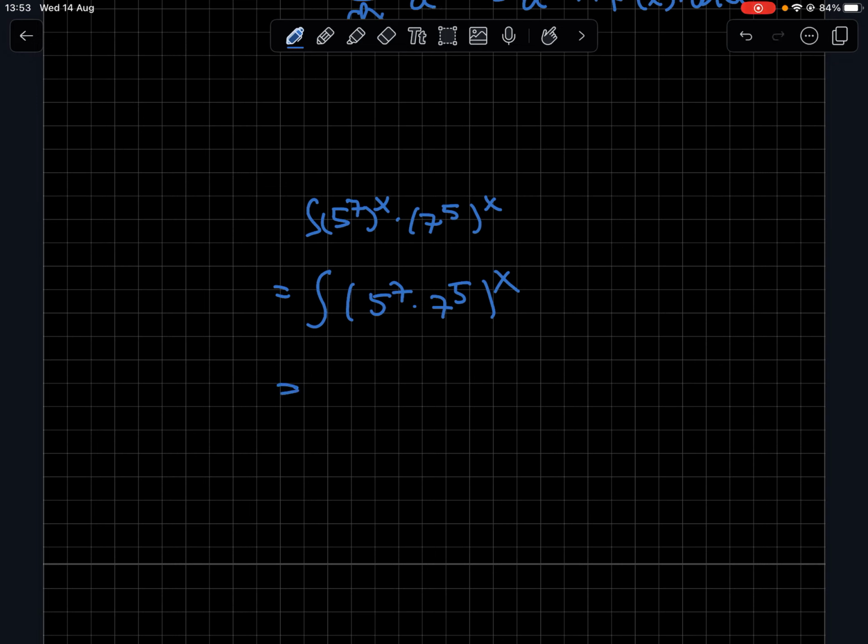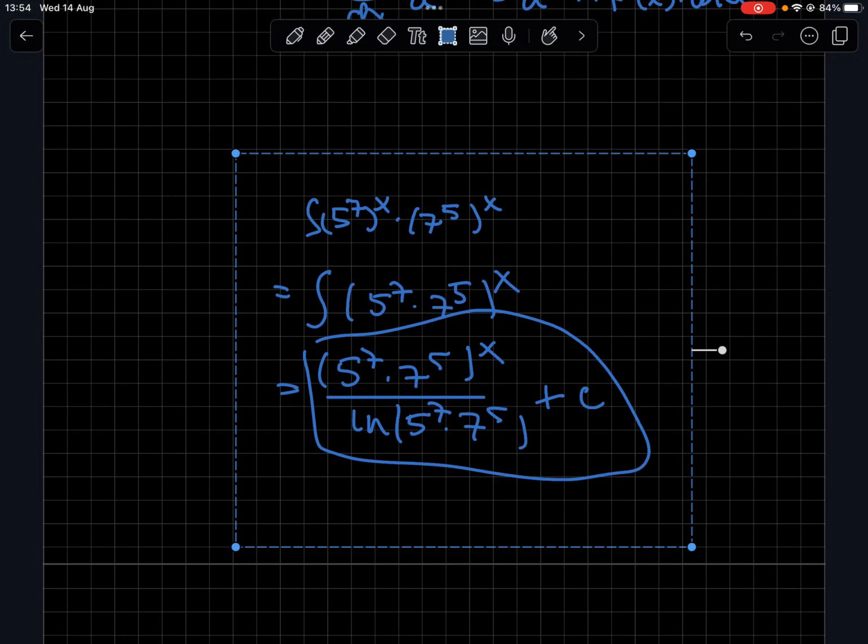So we get this to be 5 to the power of 7 times 7 to the power of 5, all to the power of x, divided by the ln of the base, 5 to the power of 7 times 7 to the power of 5. And that's it, plus c, final answer.